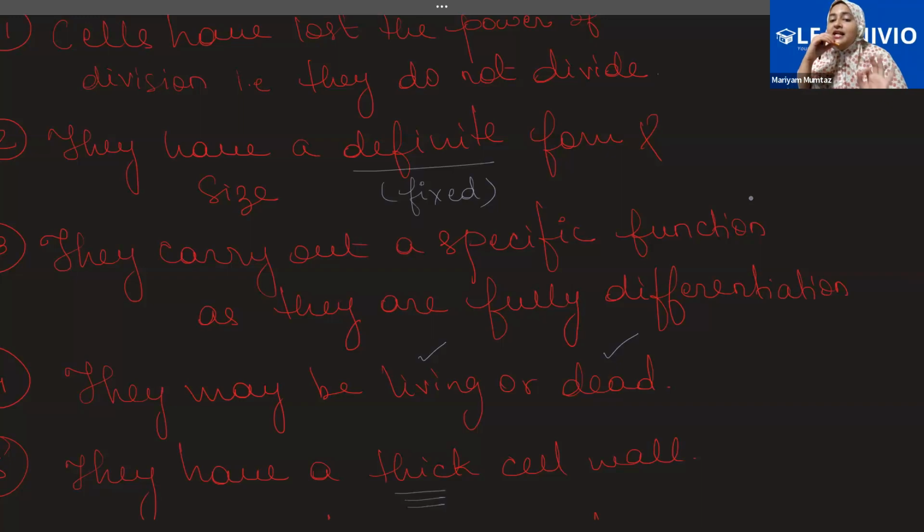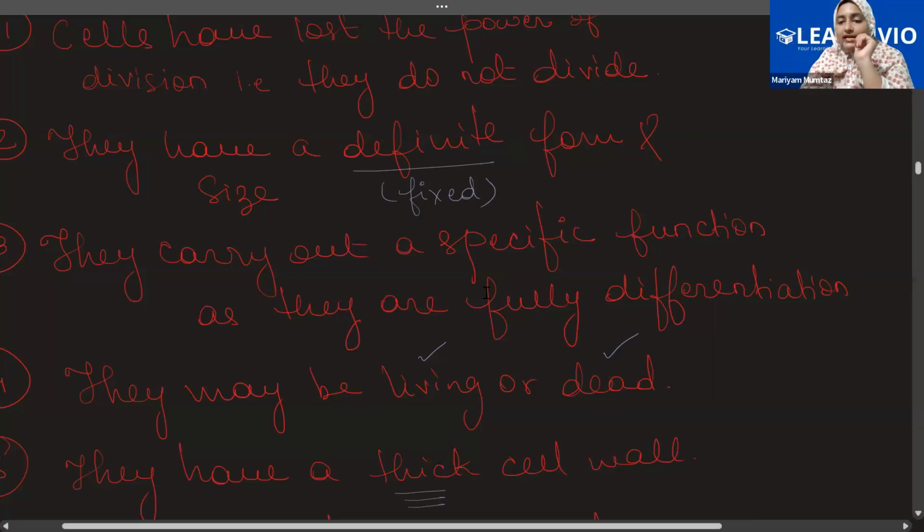They are fully differentiated, meaning they have their own area where they perform the function, their own size and their own shape. So this specific function is because they are completely differentiated. This is the third characteristic.